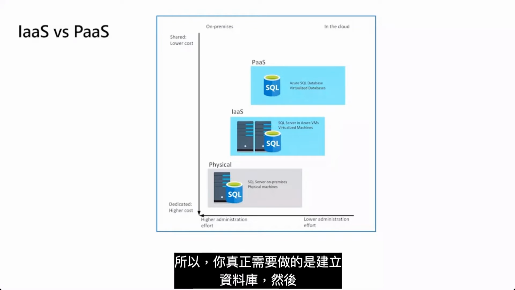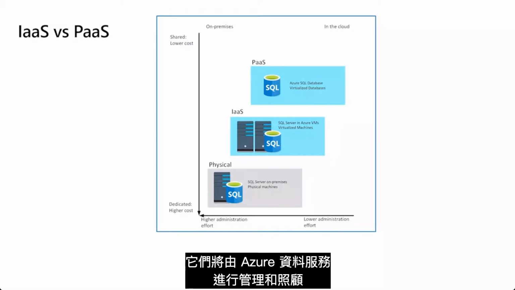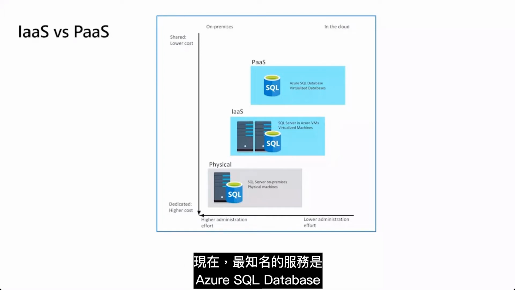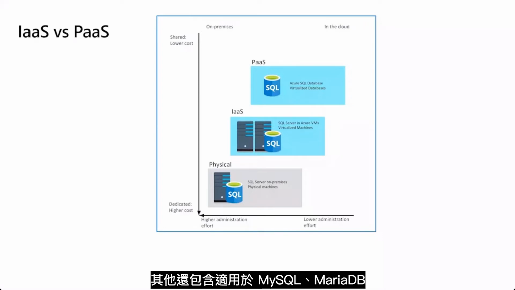So all you have to do is really create the database, and then they will be managed and looked after by the Azure Data Service. Now, the most well-known one is the Azure SQL Database. Others include Azure Database for MySQL, for MariaDB, and PostgreSQL.